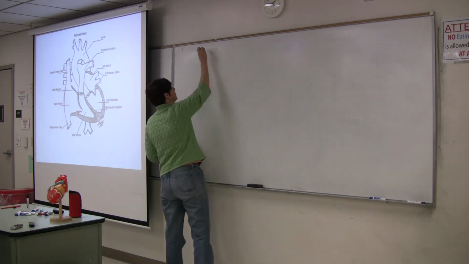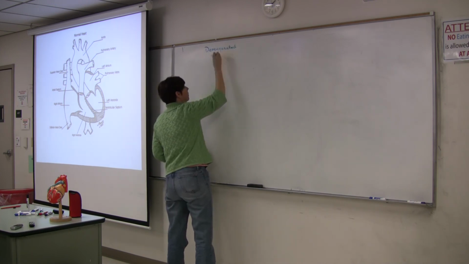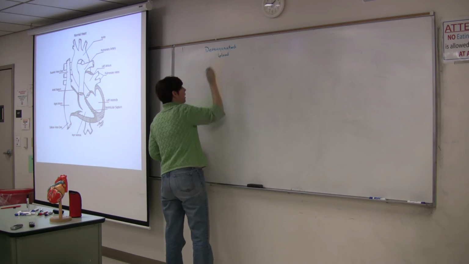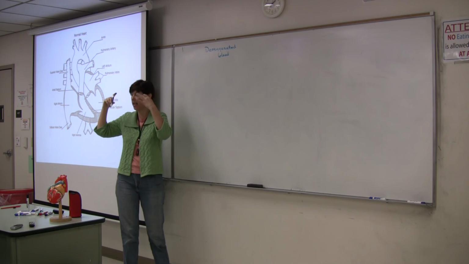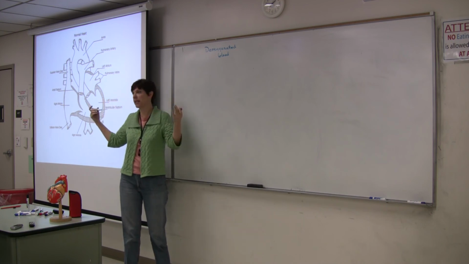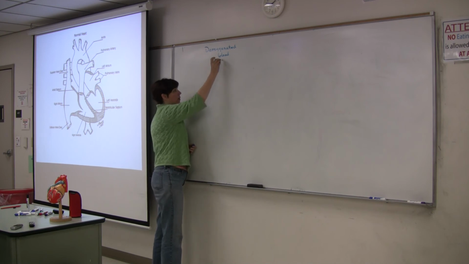Deoxygenated blood is going to enter the heart from the upper torso, the head, the neck and upper extremities, and the chest wall. It is going to enter the heart via the superior vena cava.